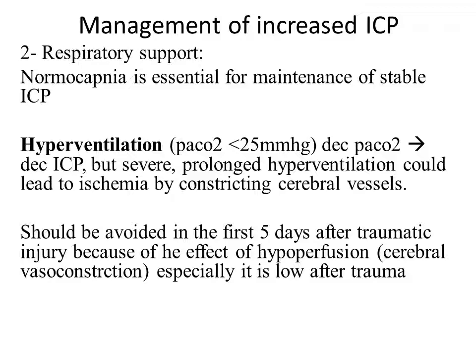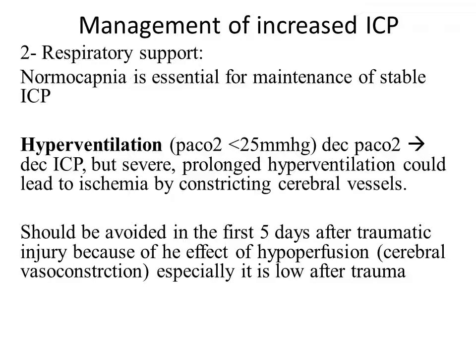In addition, a decreased level of PaCO2, as in respiratory alkalosis, may cause arterial vasoconstriction, decreasing blood supply to the brain and causing ischemia. It also causes vasoconstriction in the venous blood, decreasing outflow and increasing ICP. So we need to maintain normocapnia.